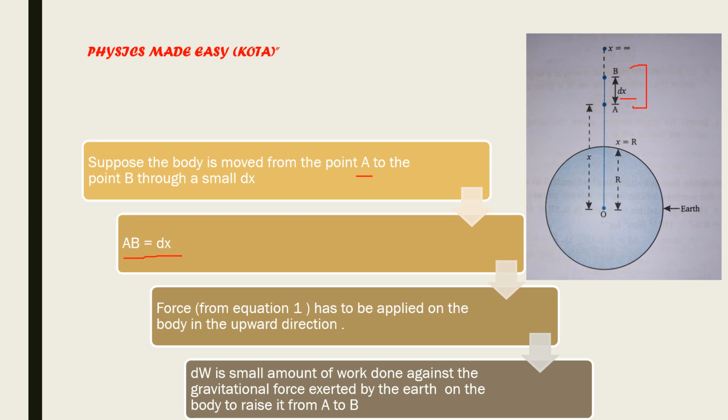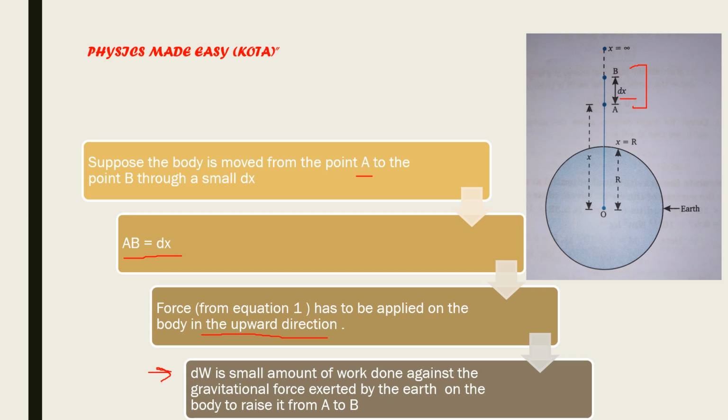From the previous equation of the force of attraction from Newton's law of gravitation, that force has to be applied on the body in the upward direction. So in moving a body from point A to point B, we have to do some work, and let us suppose that is a small amount of work, dW. Why do we take a small amount of work? Because there is a small distance covered by the body.